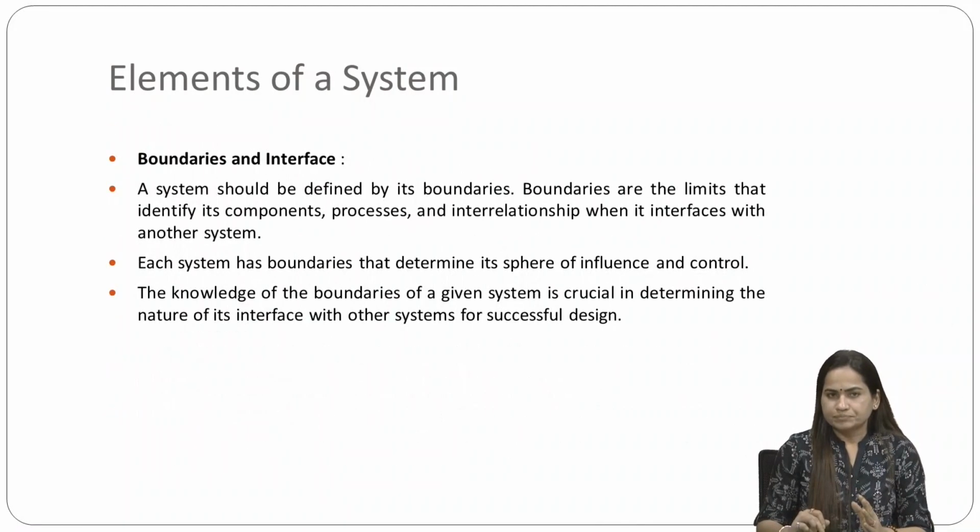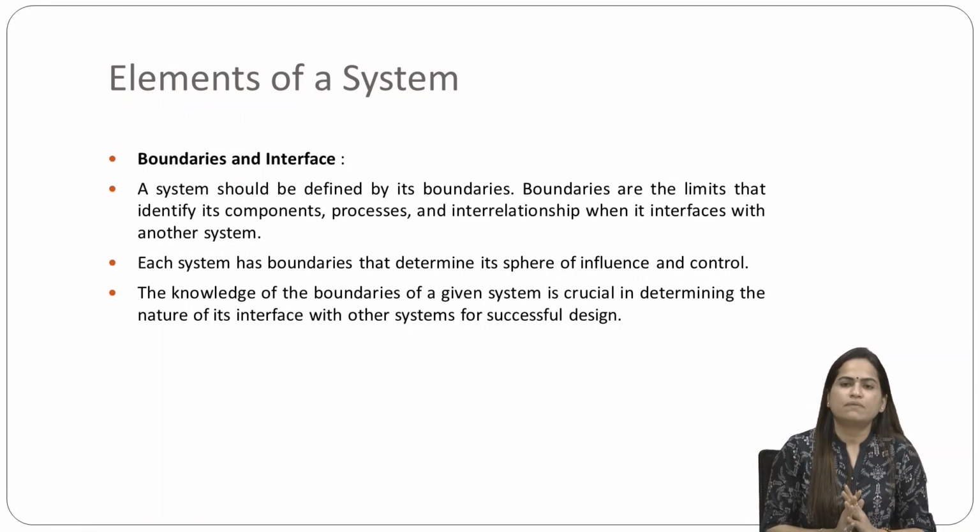After that, we have boundaries and interfaces. Another element we have, that is boundaries and interface. A system should be defined by its boundaries. Whenever a system is there, boundaries should be there. Boundaries are the limits that identify its components, processes, and interrelationship when it interfaces with another system.